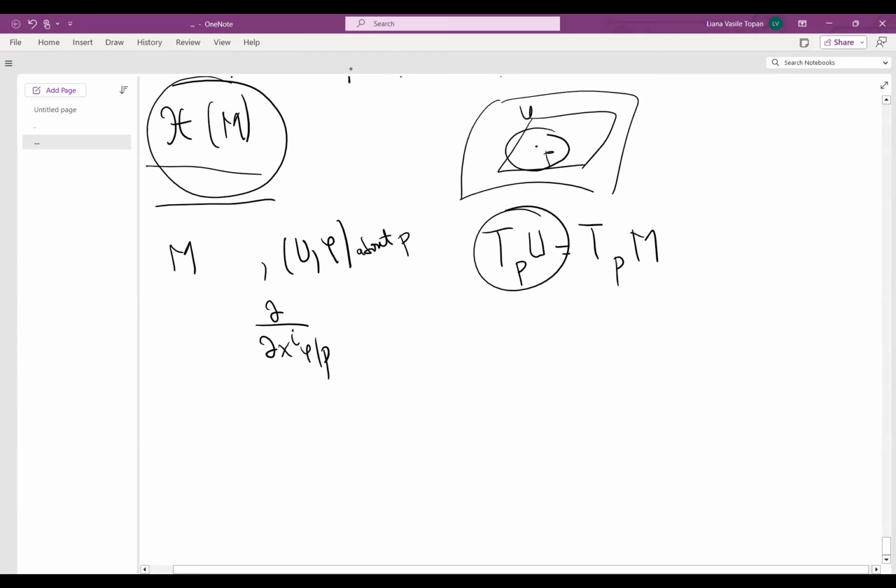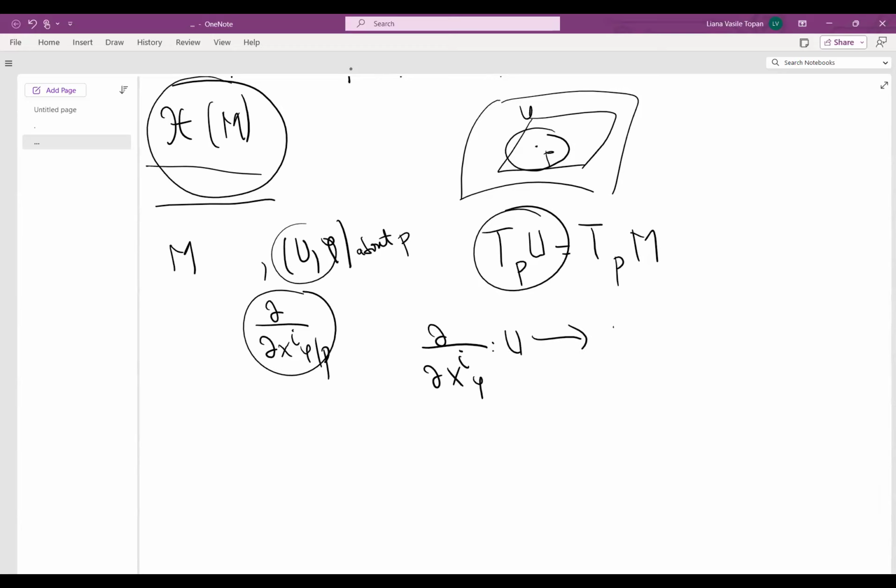And now so you see, for every P, you take a chart and you get something like this, which means that you can look at these guys here, right? They still depend on the chart, as functions from U into the vector bundle of U, right? And every point P of U will go into what we know already what it is, right?